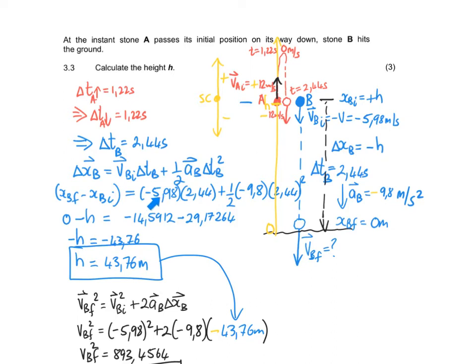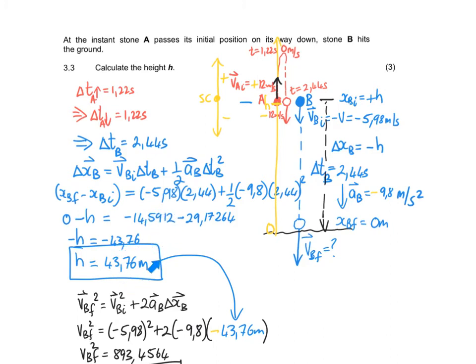Now, substituting in minus 5,98 times 2,44 seconds, the time it took for A to move like that and for B to move like that, and then substituting minus 9,8 for a, 2,44 squared for delta tb, we get that minus h equals minus 5,98 times 2,44, which is minus 14,5912. It wouldn't be wise to round off to 2 decimal places here.